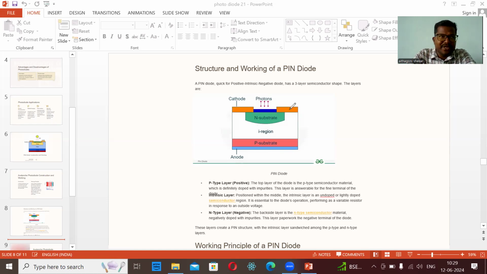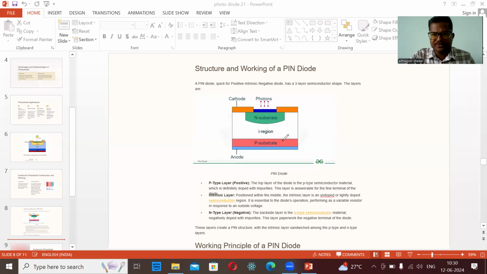Because the n-type layer is thin, the photon energy easily penetrates into the intrinsic semiconductor, which has many electron-hole bonds. The energy is absorbed, the bonds break, and electron-hole pairs are created.